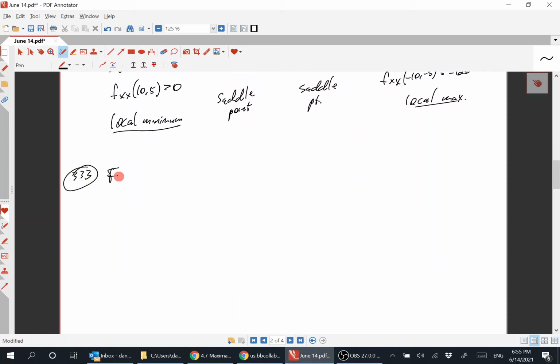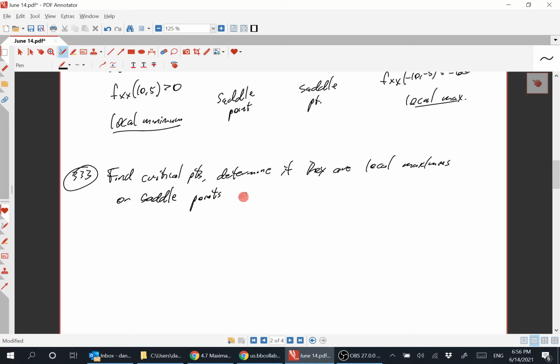All right, so find critical points. Determine if they are local max, mins, or saddle points. Or you can't tell.